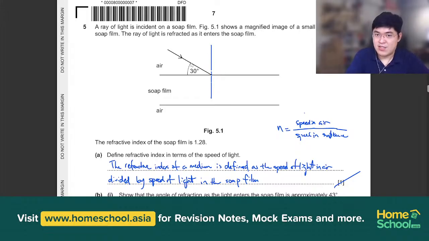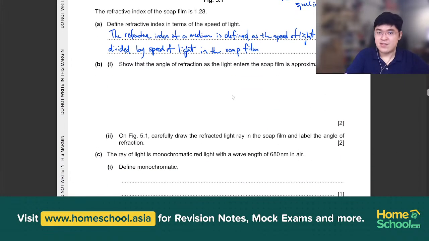This is not the angle of incidence. This instead is the angle of incidence, and this angle is equal to 90 degrees minus 30, which gets you 60 degrees. So the incident angle is 60 degrees.